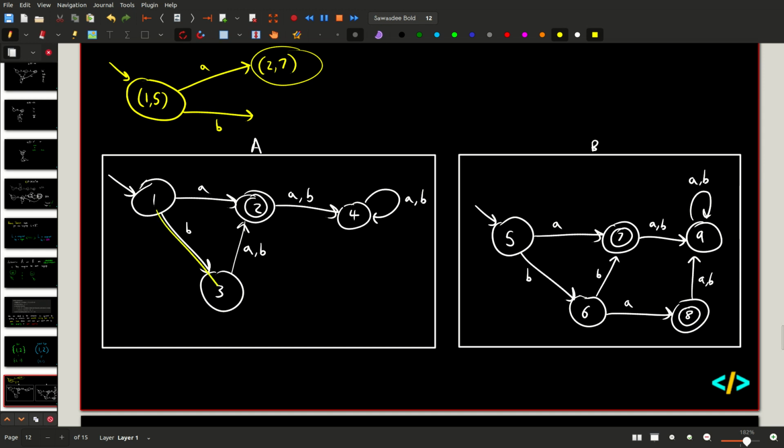B from 1 takes us to 3 in A, and B from 5 takes us to 6 in B. Yeah, so each of these corresponds to a different automaton. The left one is A, the right one is B.